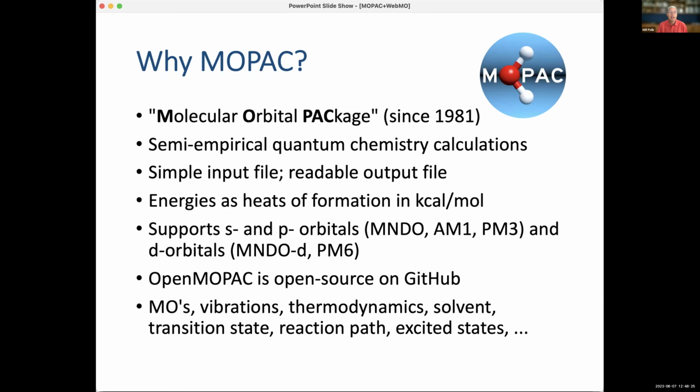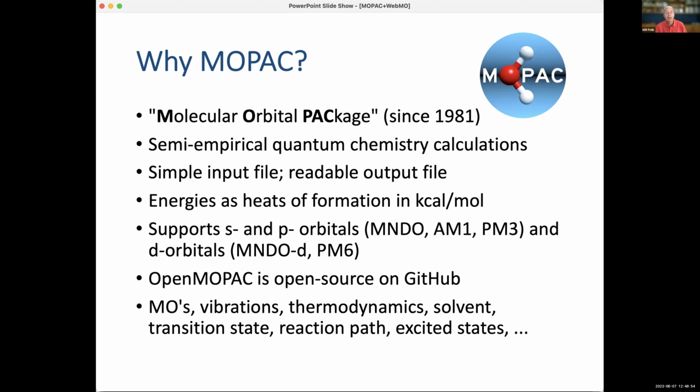MOPAC started supporting s and p orbitals from its outset, and then in the early 2000s, I believe, incorporated d orbitals, which now allow it to deal with hypervalent main group atoms and, of course, transition metals, making it extremely versatile. And as we now know, MOPAC has transformed into OpenMOPAC, which is being distributed on GitHub as open source.